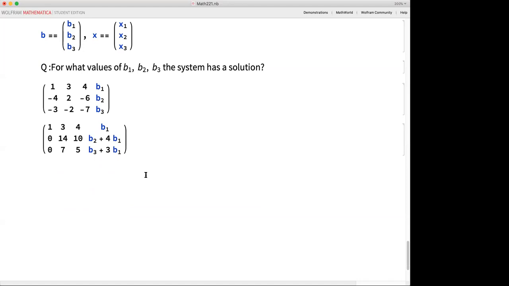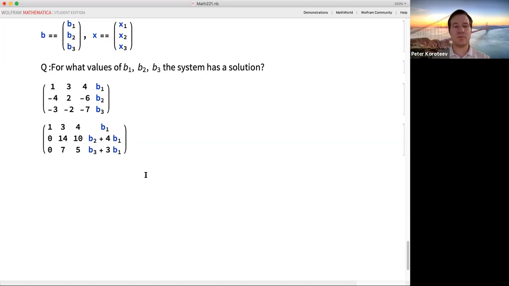Multiply the second row by minus 0.5 and add to the third row. Or multiply the third row by minus 2. Yeah, that's right.